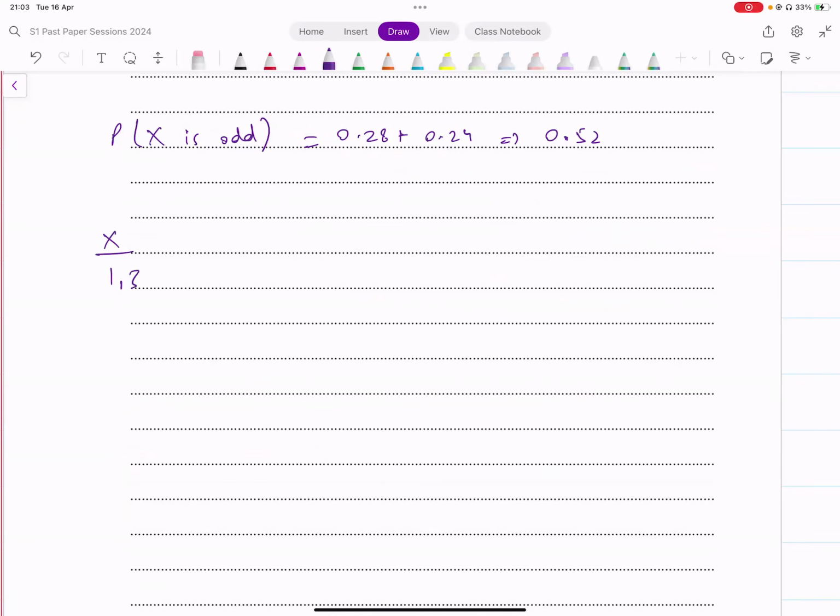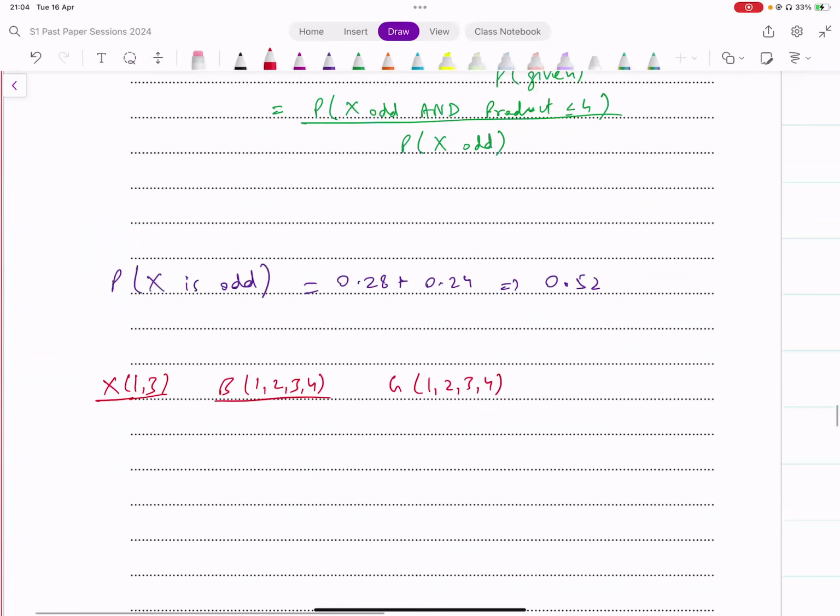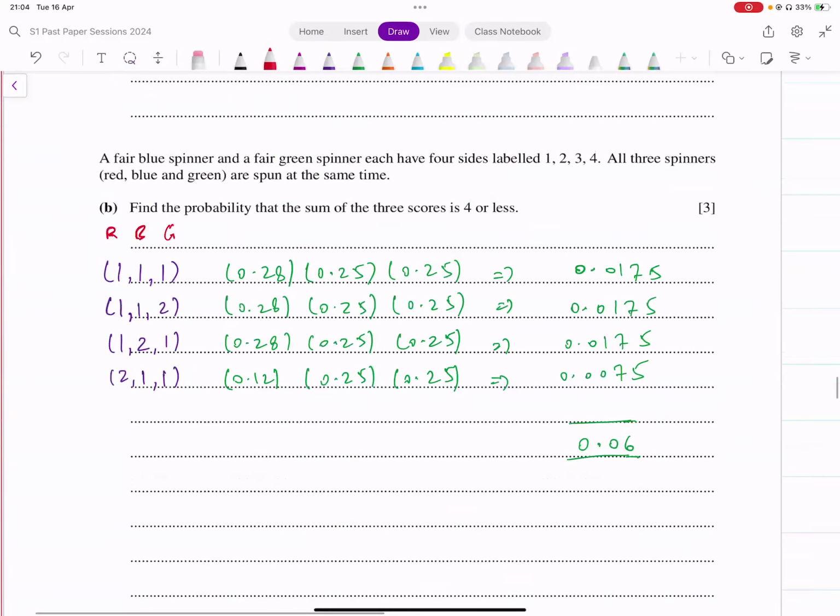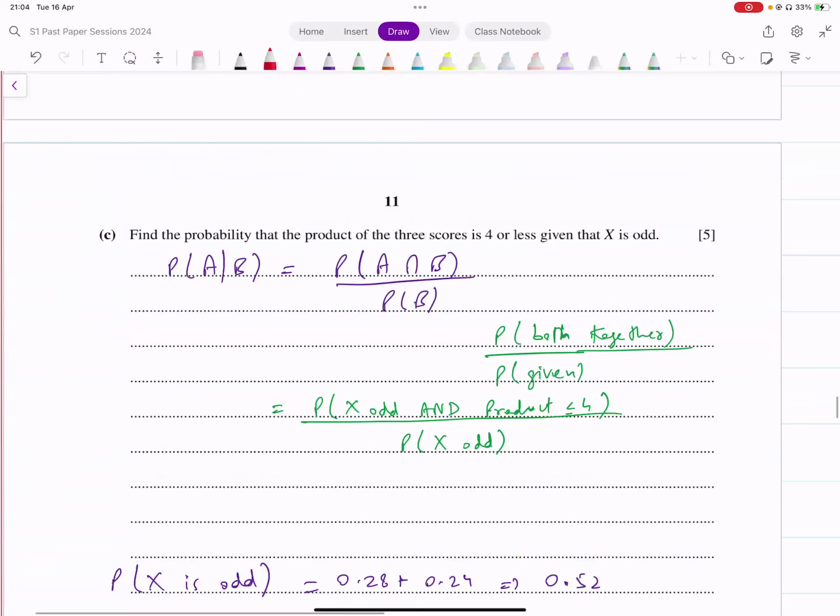Keep that in mind. Now, what about the other two spinners? One spinner is blue. You could have 1, 2, 3, 4, anything from there. And the other is green. You could have 1, 2, 3, 4, anything from there. Blue and green, right?